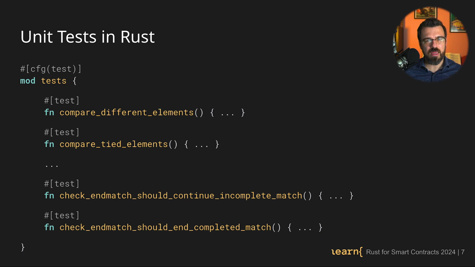And then this check end match function as well, where I'm just taking as another example that end match function that checks whether the match is over or not. It should not only check that if the match is incomplete, it continues, but it should check that if the match is over, it ends the match. So you should check all your cases where you expect the function to return true or false.